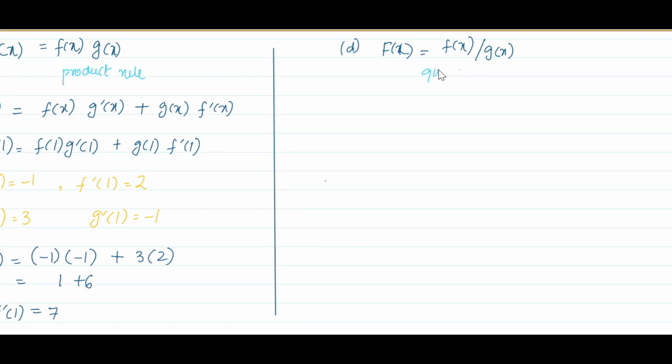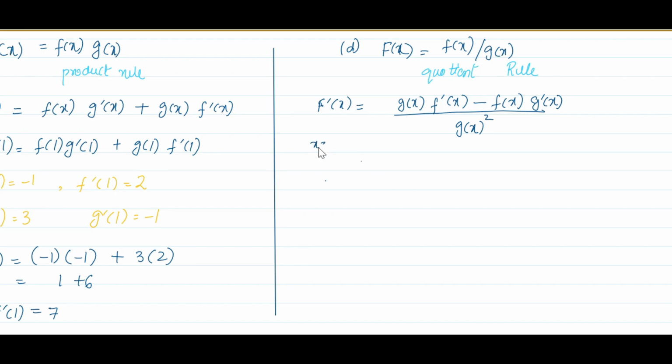And in the D part, you can see the functions are dividing, so we use the quotient rule. And according to the quotient rule, you know that the denominator function as it is with the square, and the same denominator function above, and the derivative of the numerator function, which is f dash of x, minus the first function, the numerator function, as it is and the derivative of the denominator function, which is g dash of x.